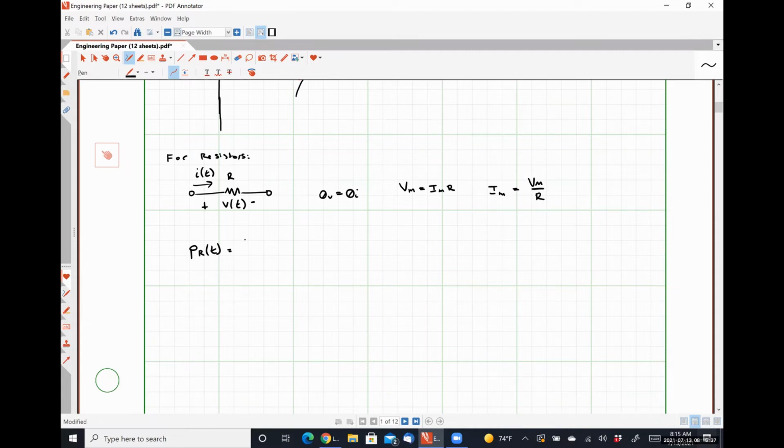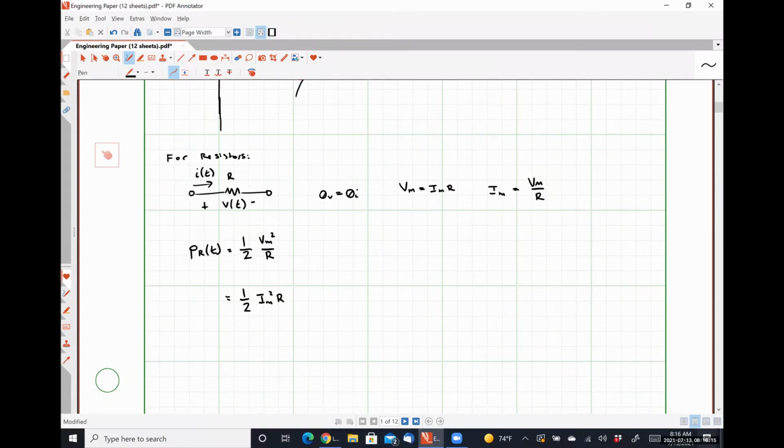So let's see. We could have 1/2 Vm times Im. We're going to wind up with two different representations, so I'll write them both simultaneously. So Vm times Im could either be Vm squared over R or Im squared times R, based on me just multiplying those two representations for Vm and Im that we talked about up there.